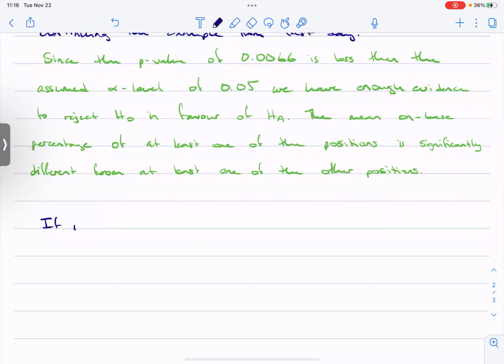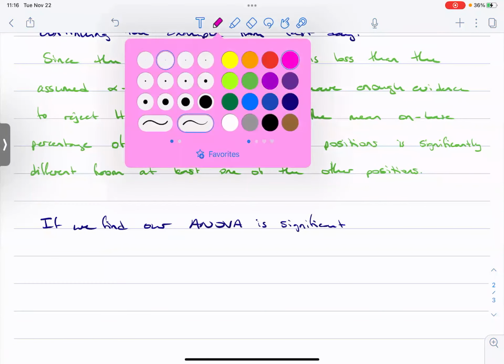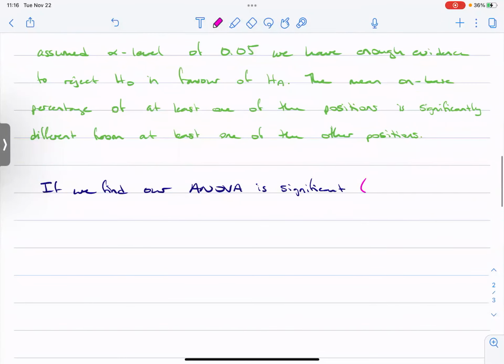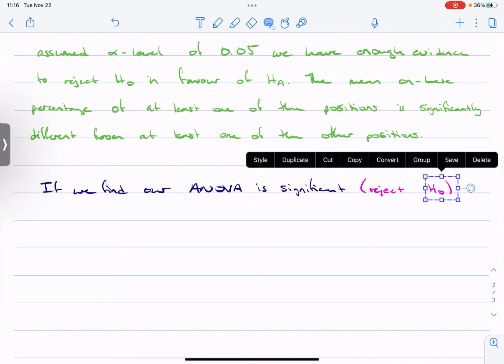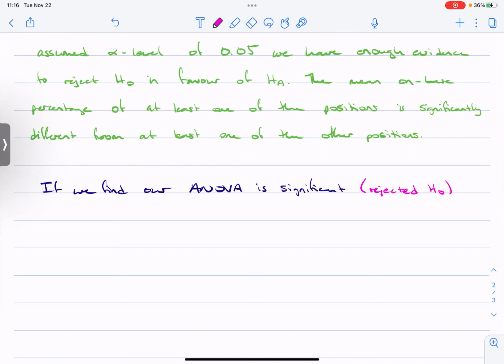So if we find our ANOVA is significant, which is really just another way of saying we rejected H0, which we did, we usually want to do what's called post hoc tests.